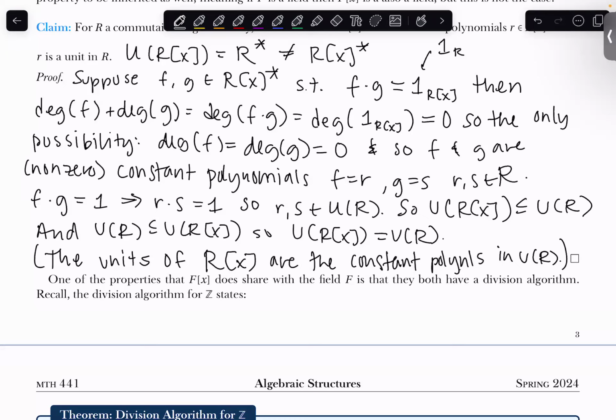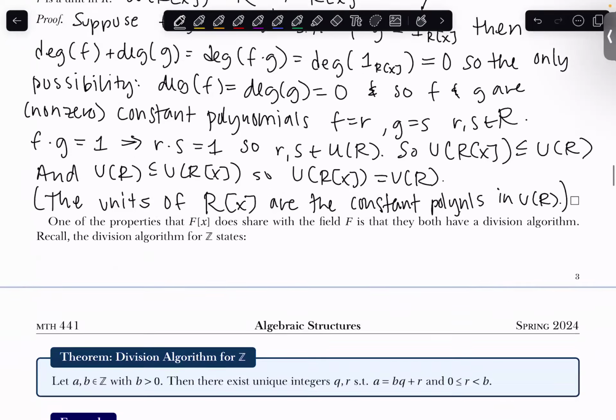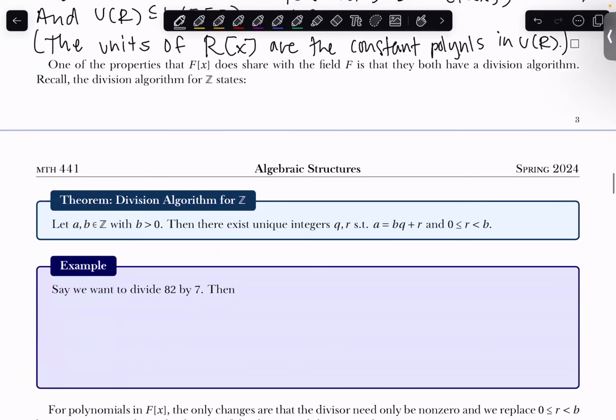As long as the coefficients are coming from a field, then you're allowed to use this division algorithm. And it's really the same way that we usually do long division for polynomials. This gives us the same information, just like we do long division with our numbers as well. So let's remind ourselves what the division algorithm tells us.